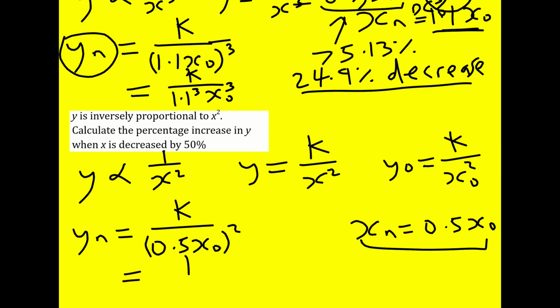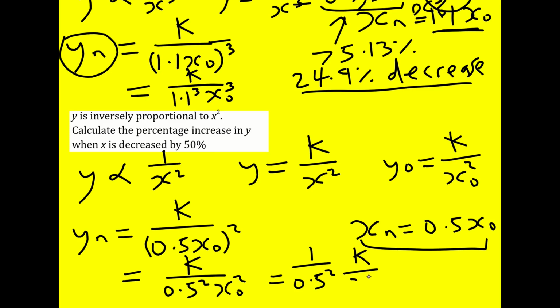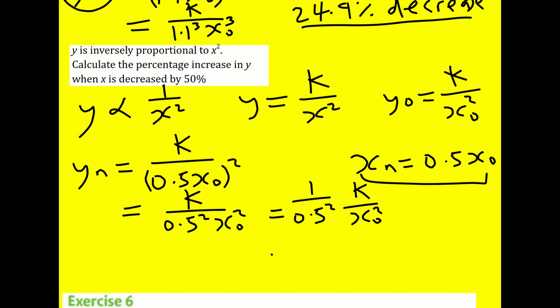And that's going to equal k divided by 0.5 squared x naught squared. I'm going to again use the same trick. I'm going to write this as 1 over 0.5 squared times k over x naught squared. This turns out to be 4 times, now remember this again is my old value of y.